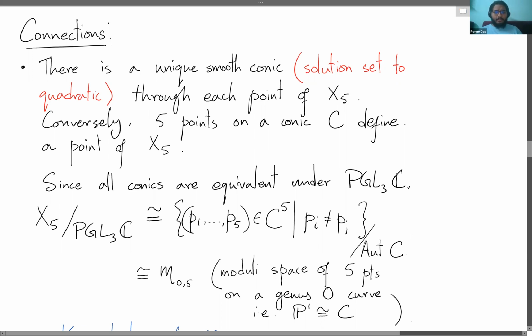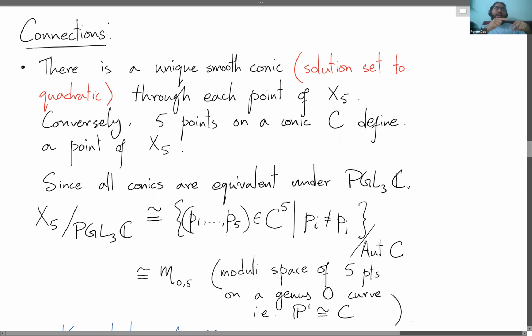This is not hard. The space of conics is 5-dimensional, and forcing it to pass through each point cuts down your dimension by 1, and they're all independent conditions because no 3 are on a line. So you get some finitely many points, and showing that it's 1 is not so hard.